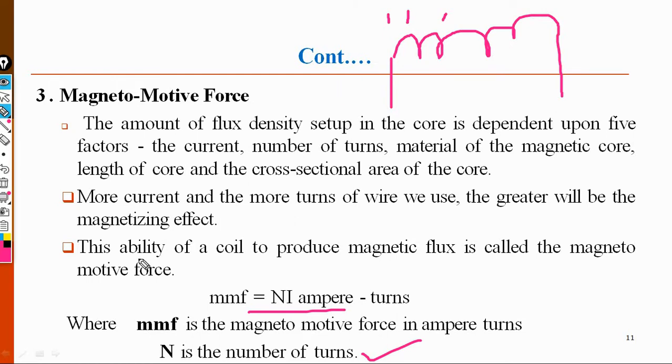The formula is N into I, where N is the number of turns and I is the current, measured in ampere. This is the important definition, MMF.